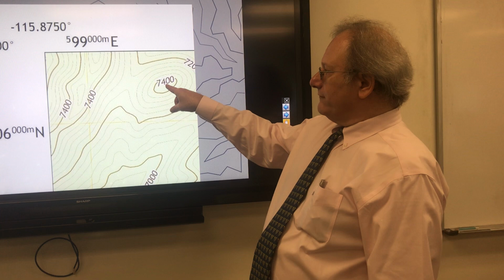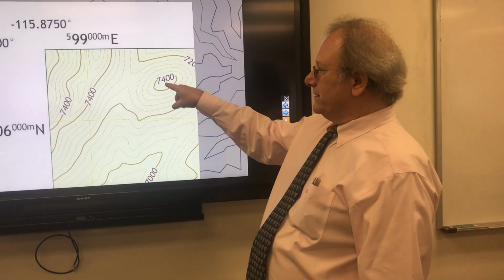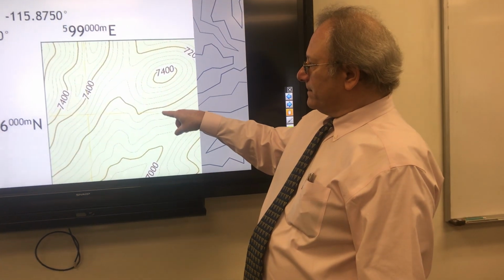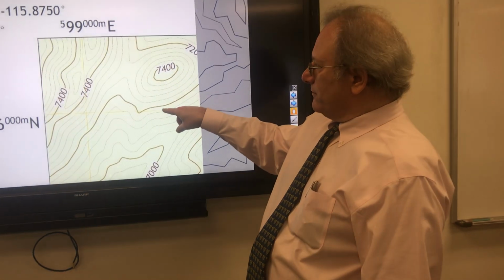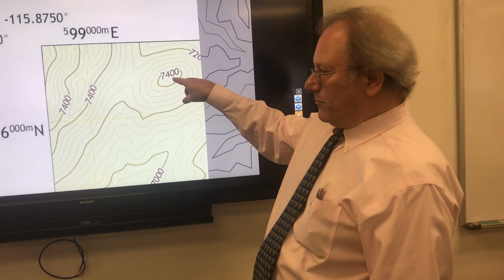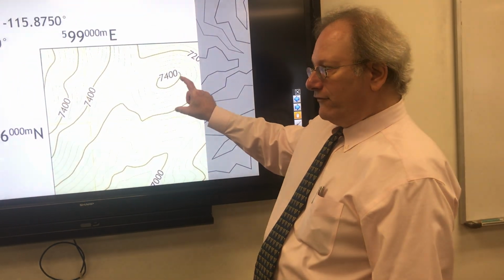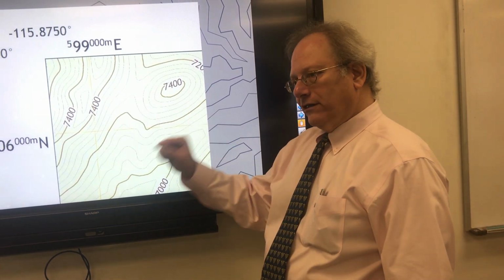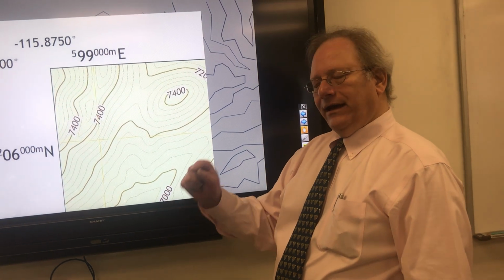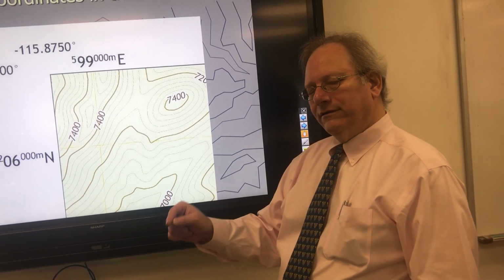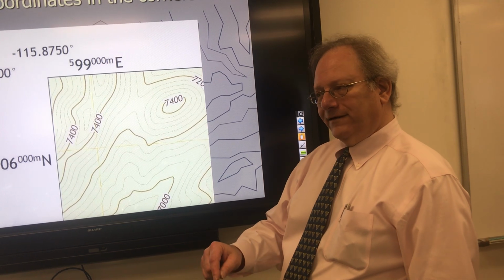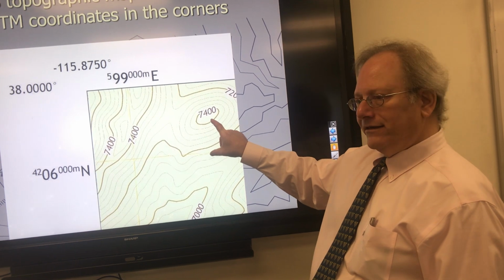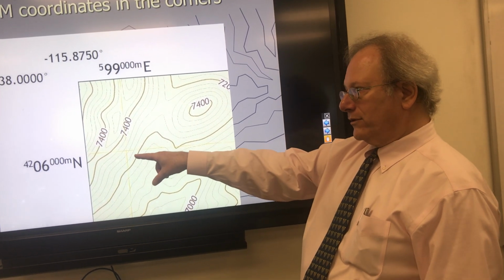So if we have an arbitrary point located there, like just under the 4 there, and we want to know the northing, what we need to do is measure from the line straight north to the point, calculate how far that is in meters, and then add it to the northing of the line that we measured from. And that will give us the true north coordinate of that particular point. So we can measure north from a known northing and add on the difference to whatever that north coordinate was.